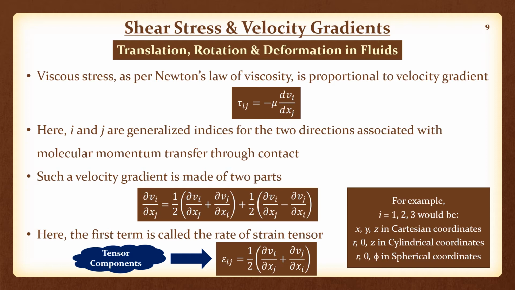So this is like a small, very simple expression, where 2 tensors are expressed as if this is a relationship between 2 scalar quantities, right? Similarly, dvi by dxj is also a tensor, right? So depending on what is 1, what is 2, what is 3, you can have 9 components, right?